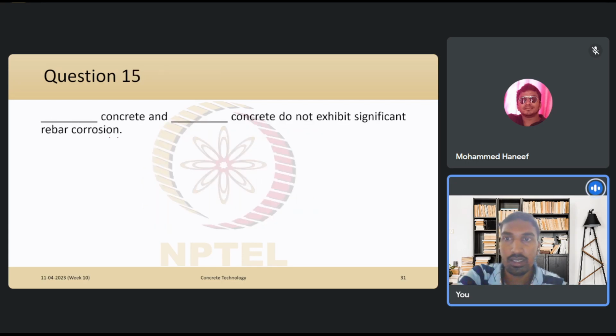Okay, question 15 is: dash concrete and dash concrete do or do not exhibit significant rebar corrosion. So under which conditions does concrete not exhibit rebar corrosion?